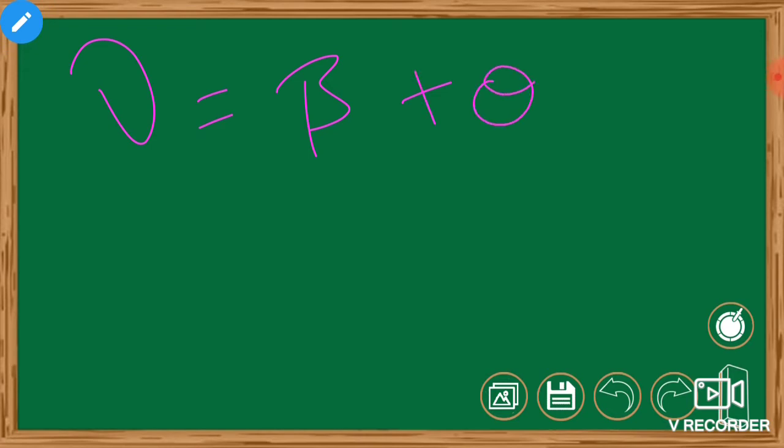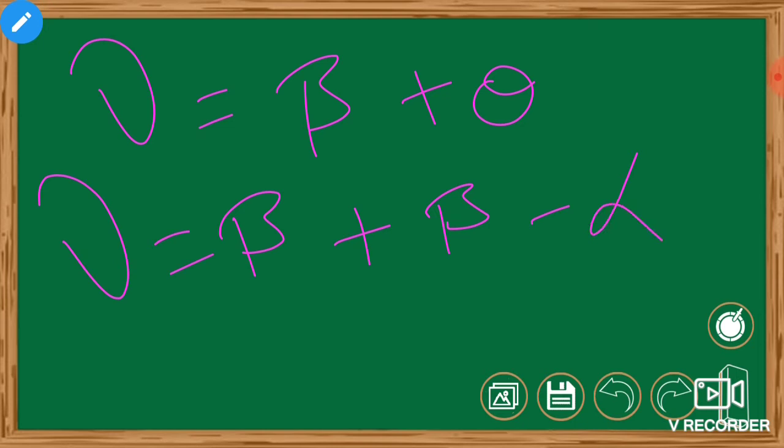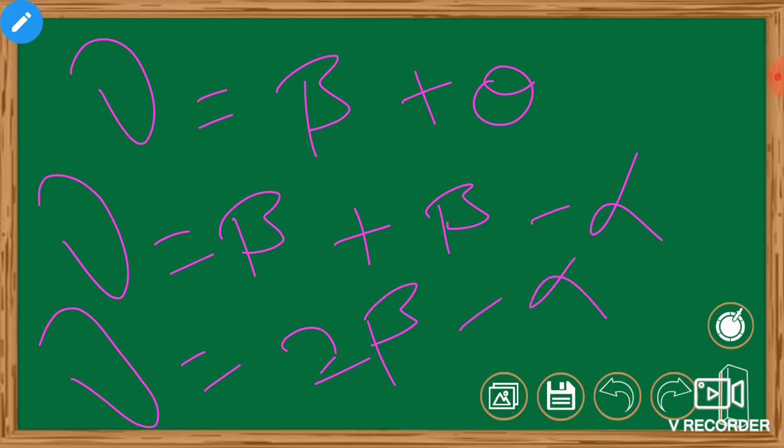So gamma equals beta plus theta. If you put the value of theta in this equation, gamma equals beta plus, in place of theta we can replace beta minus alpha. So by this, gamma equals 2 beta minus alpha we find.